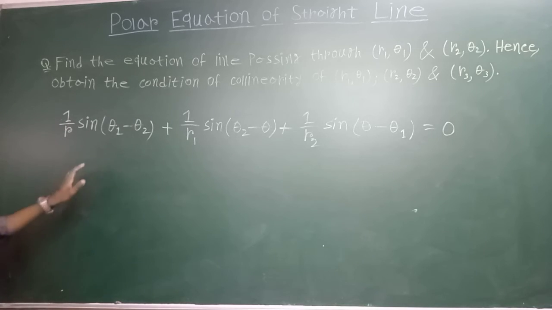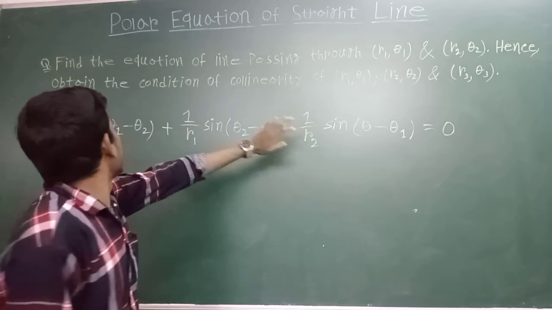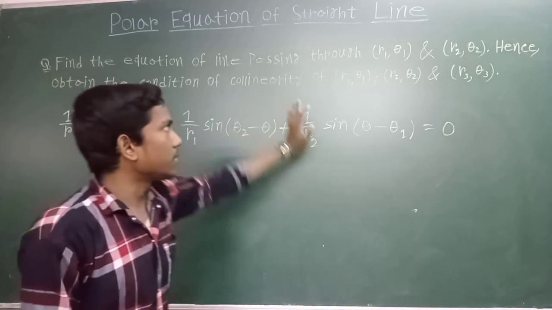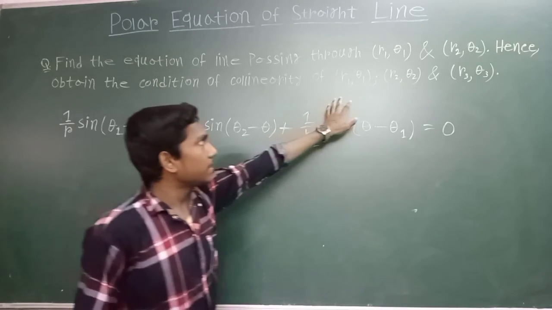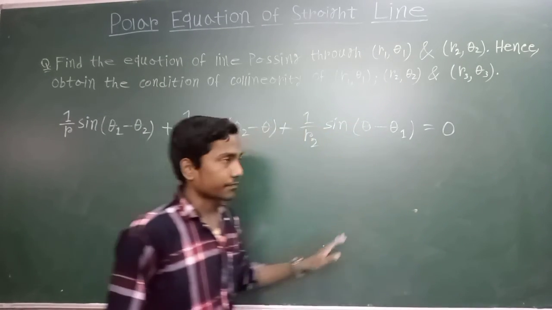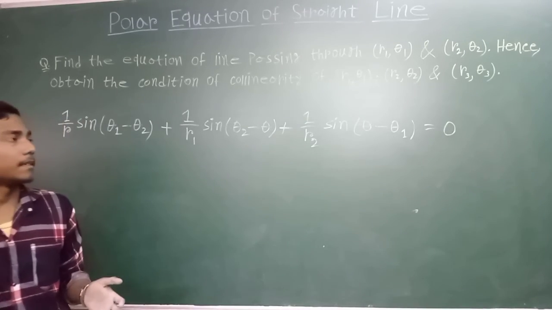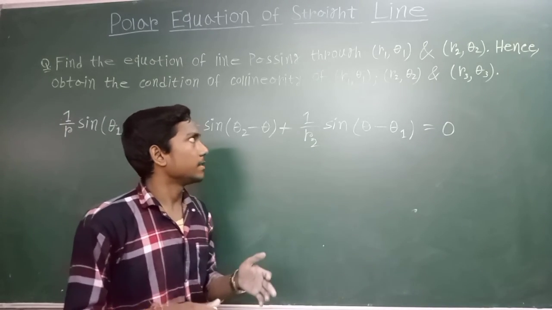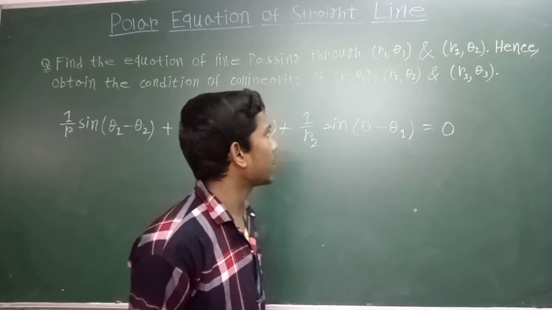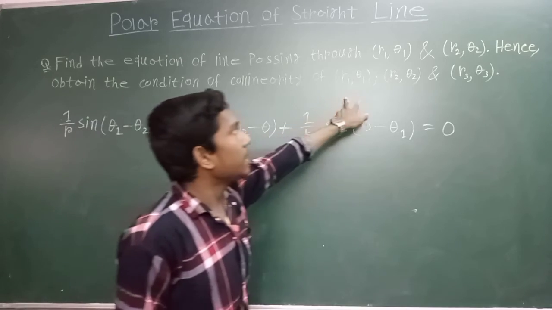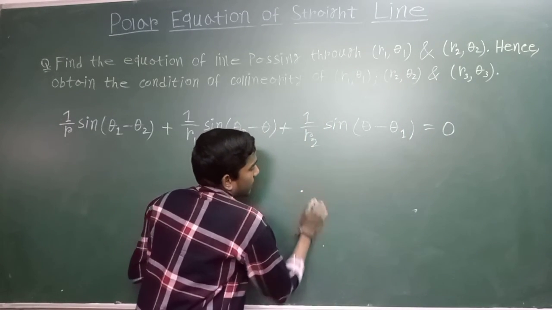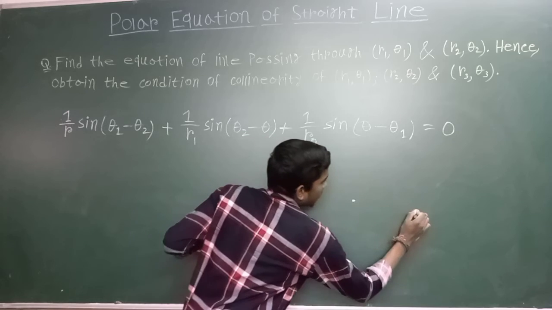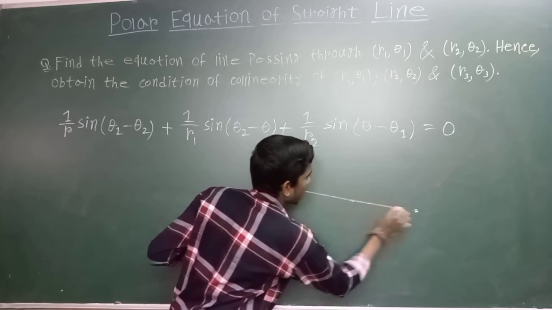Now the second part says to obtain the condition of collinearity of these 3 points. Listen carefully. I have explained this concept in my previous video on finding the area of a triangle. If these 3 points are collinear, it means these points lie on the same line.